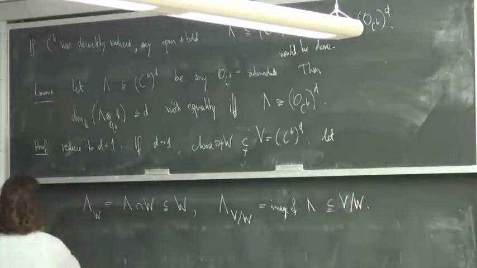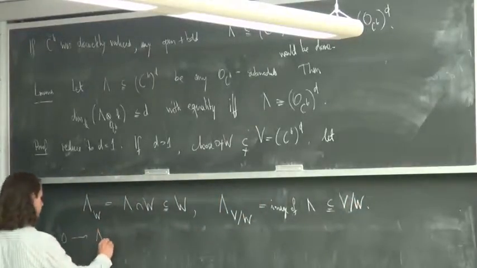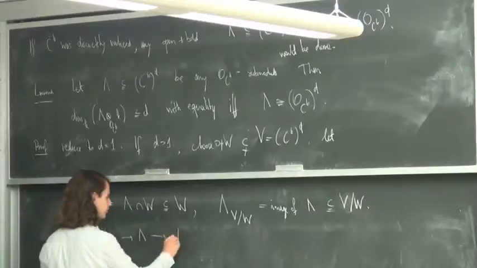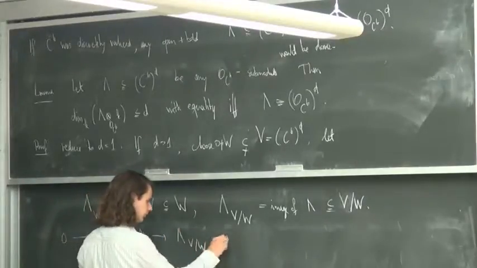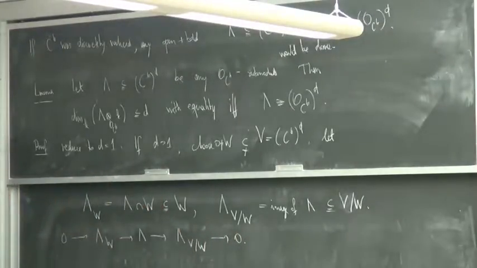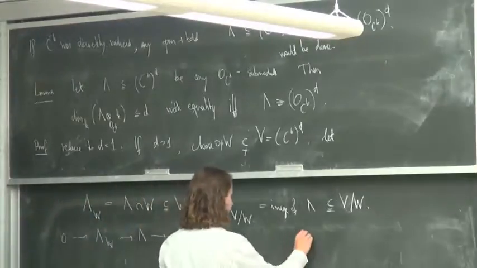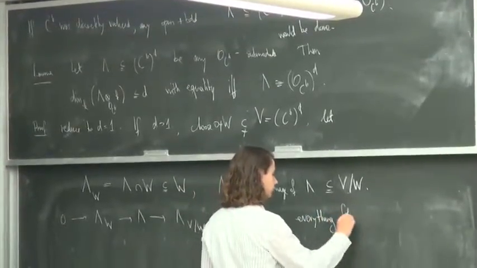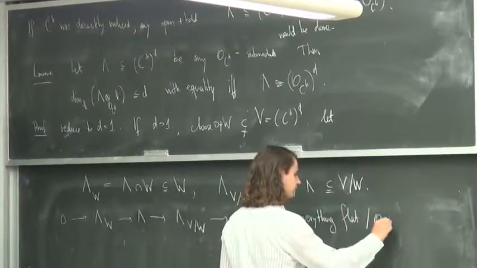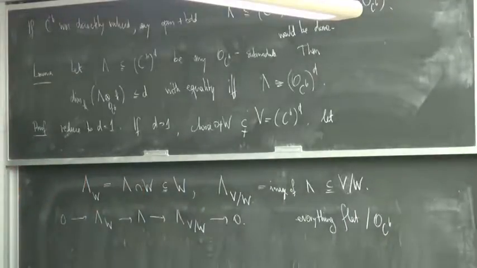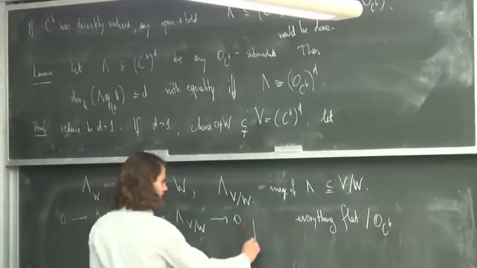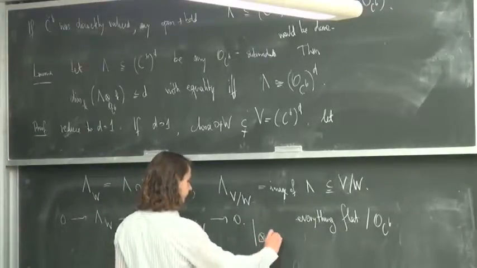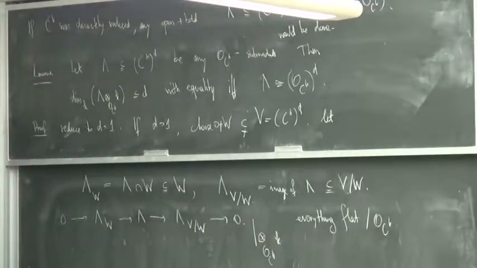And so we have an exact sequence, 0 goes to lambda_w, goes to lambda, goes to lambda_{V mod w}, goes to 0. And everything is flat over O_C flat, because it's contained in vector spaces over the fraction field. And so I can tensor this with the residue field, and it's still exact.